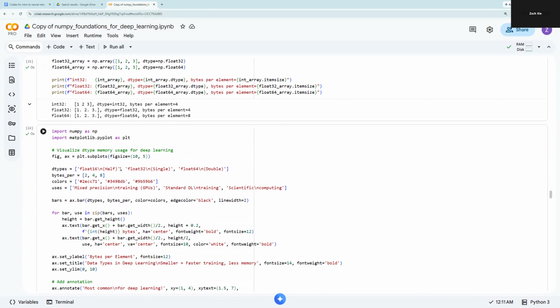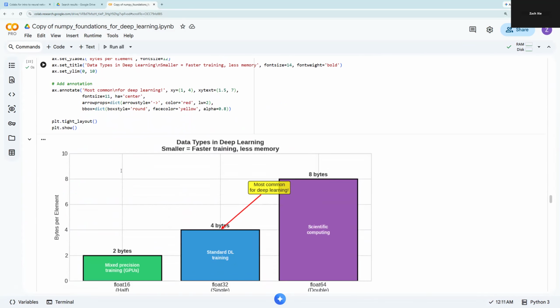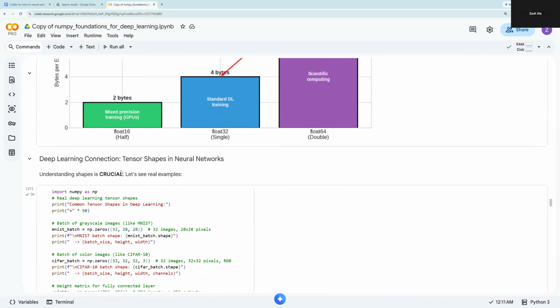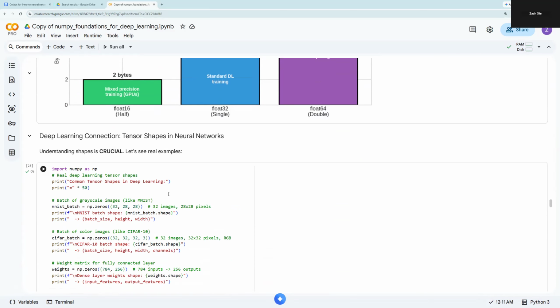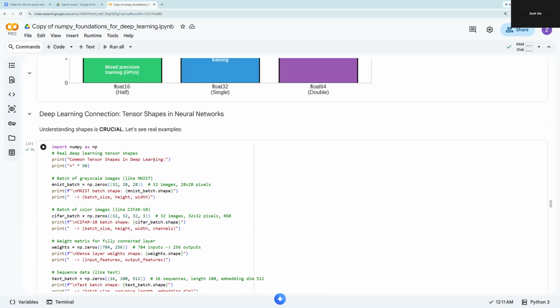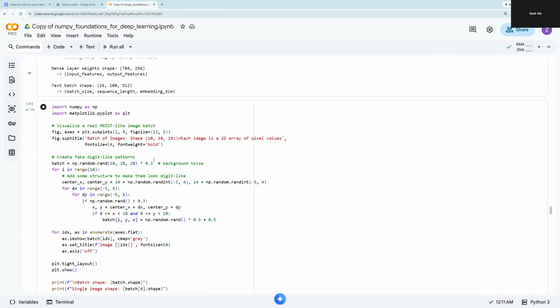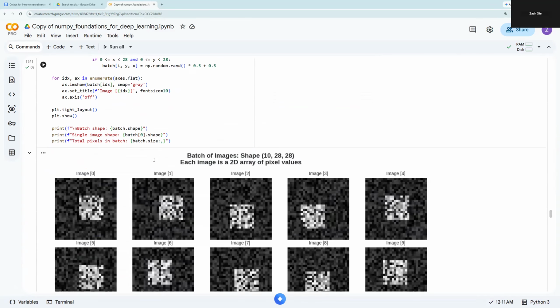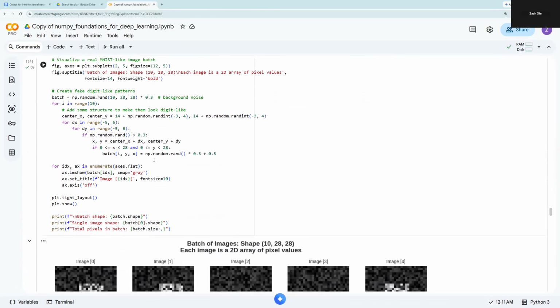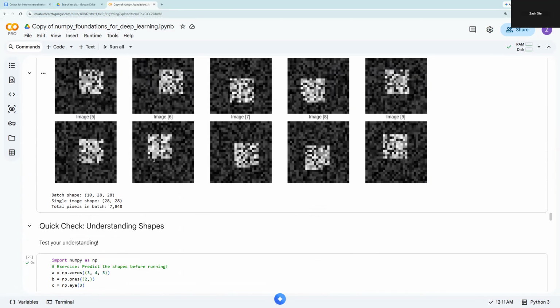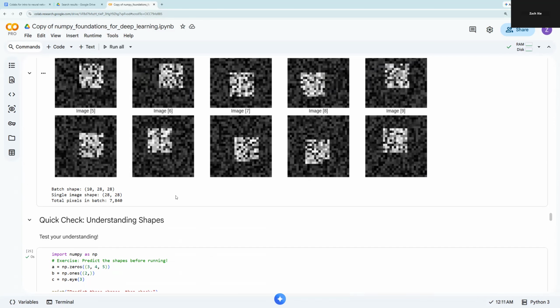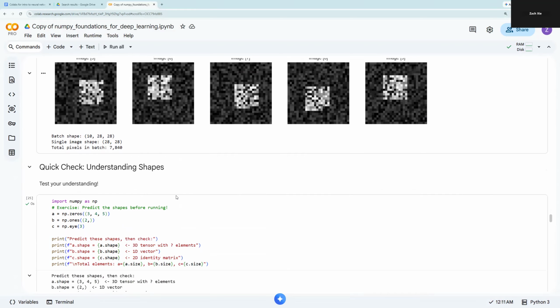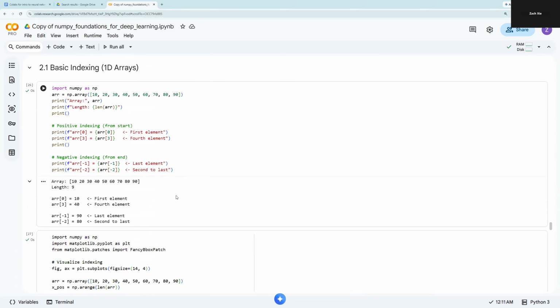You're going to have a lot of floating numbers instead of just nice looking integers. Here we examine the shapes of the tensors, or rather the dimensions of the matrices. We are using a famous example, the MNIST handwritten digit image recognition data set.